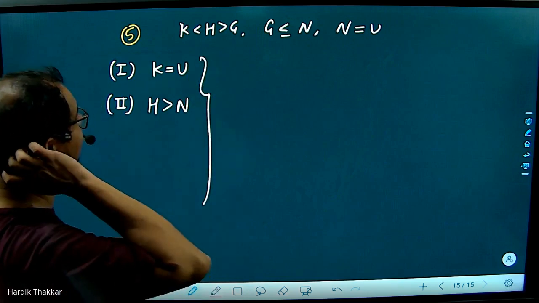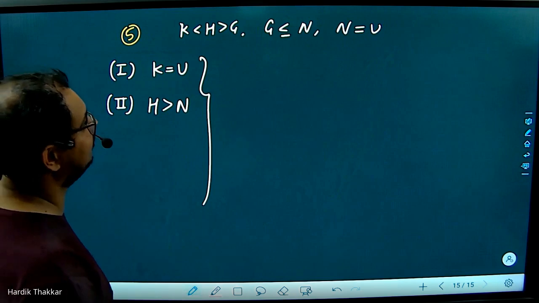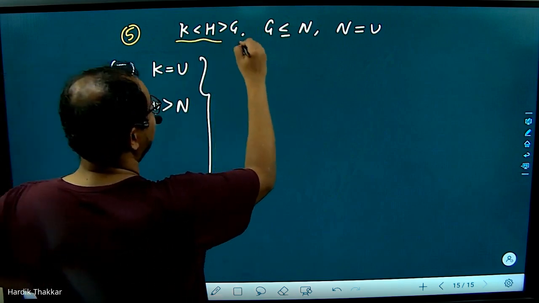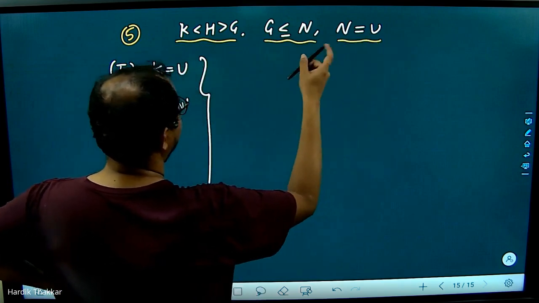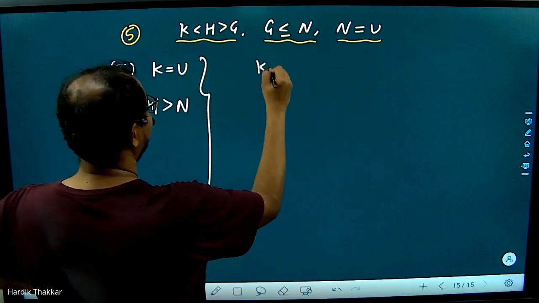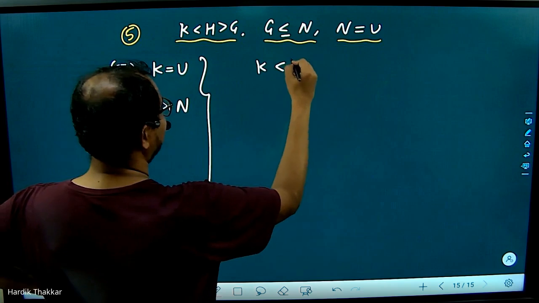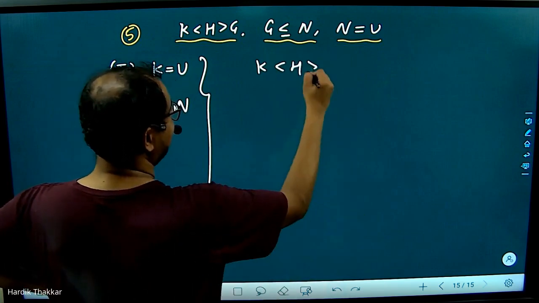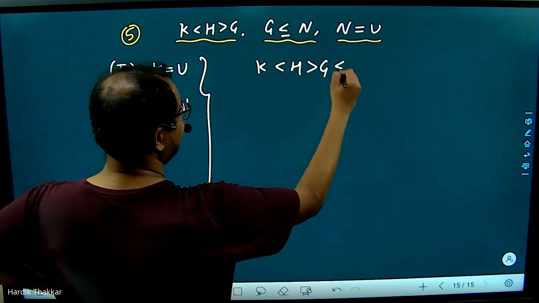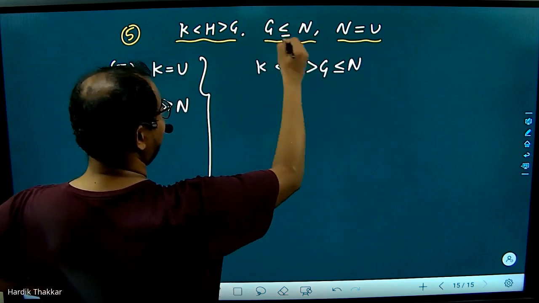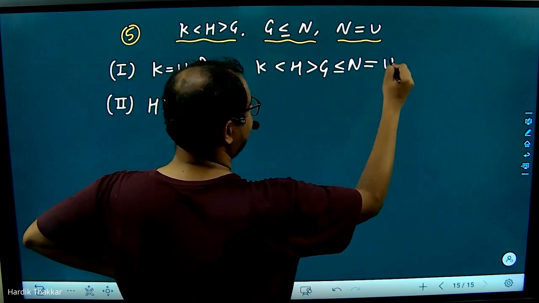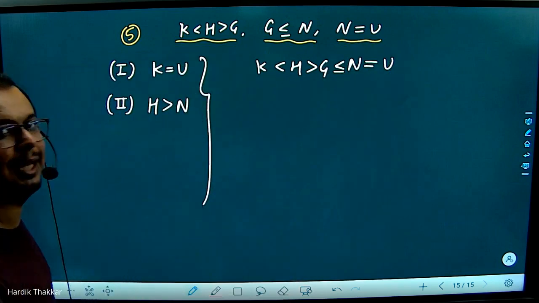Okay, so K is equal to U. First we will merge all the conditions. So if we merge it, it will be like this. H is greater than G. Now G is less than or equal to N. I am combining the two conditions, and N is equal to U. So the single statement will be like this.